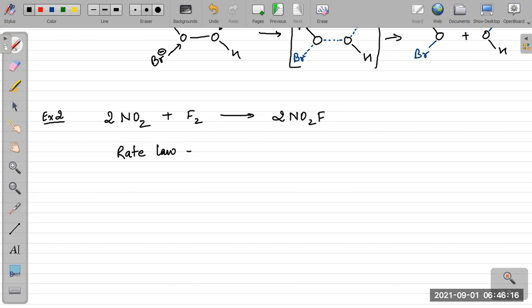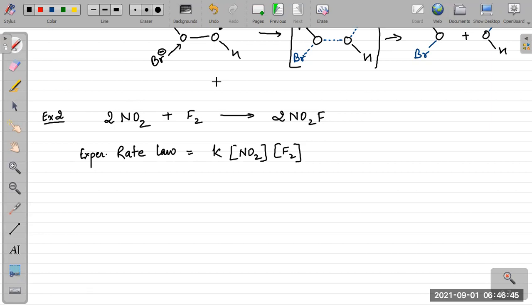The rate law for this reaction, or the experimental rate law, has been found to be first order with respect to NO2 and first order with respect to F2.